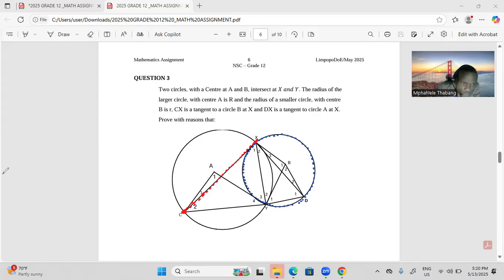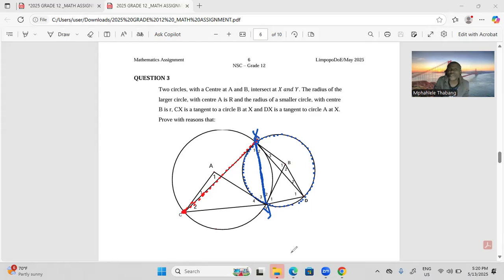So I'm saying CX is tangent, which means that XY is my chord. This is my chord. Remember, a chord is a line segment from one end of the circumference to another end of the circumference. So there is X here. So the line XY is a chord.